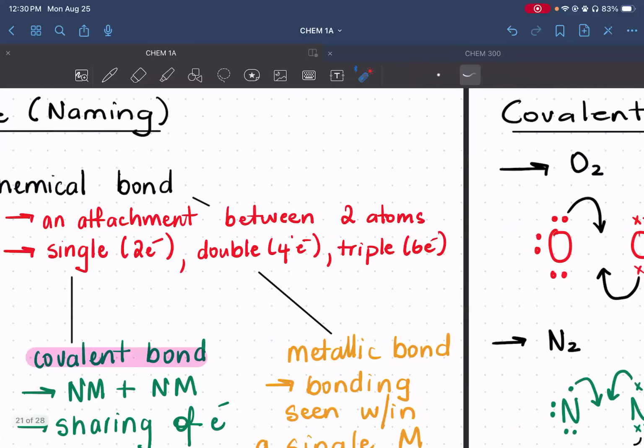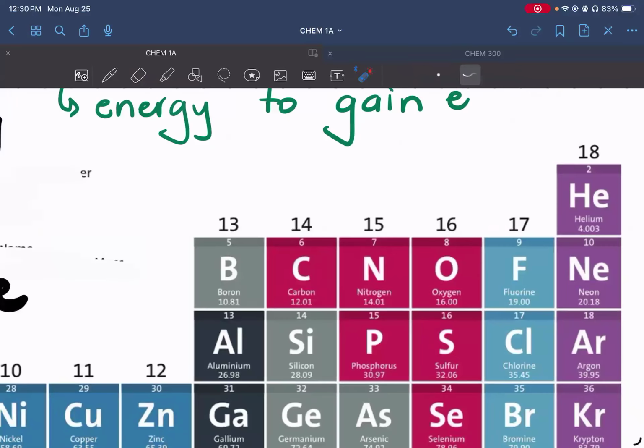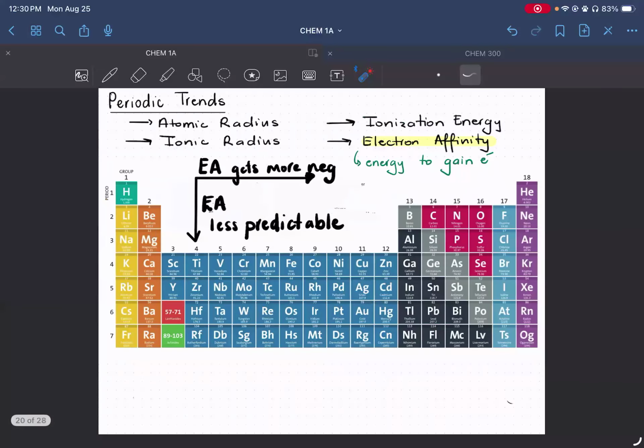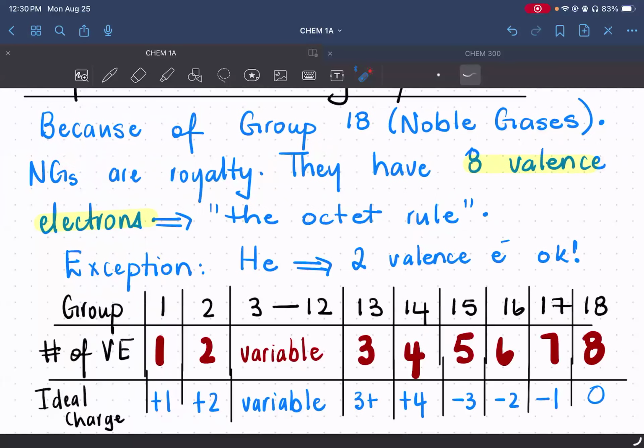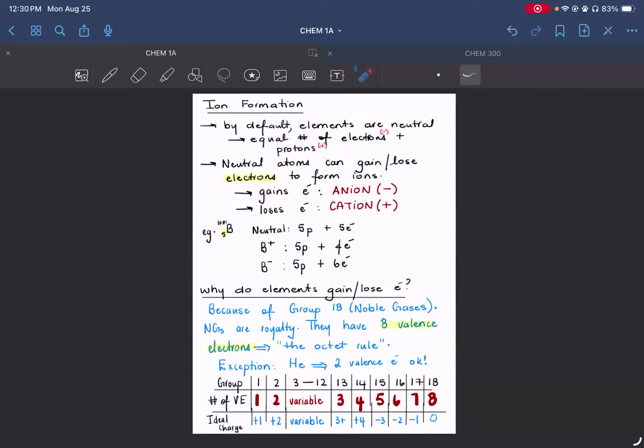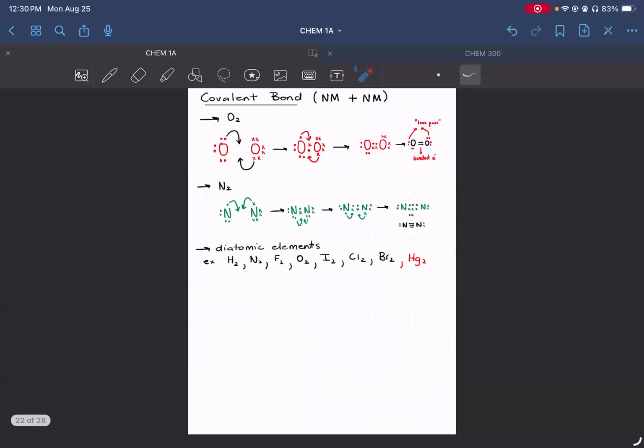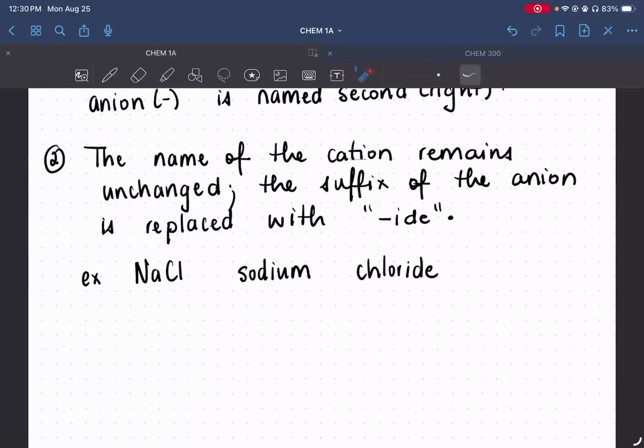Second, again, if you look at the periodic table, chlorine is in group 17, which means its ideal charge is -1. For those of us who don't remember what I'm talking about with the ideal charge, that goes back to the table we covered last Wednesday. We talked about in groups, number of valence electrons and their ideal charge. Okay. That's how to get from formula to name.